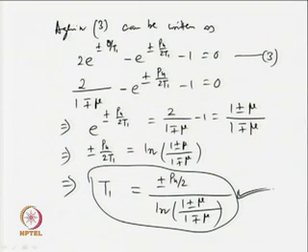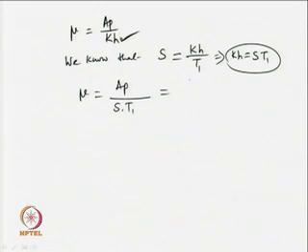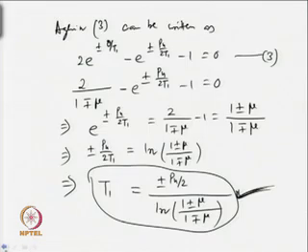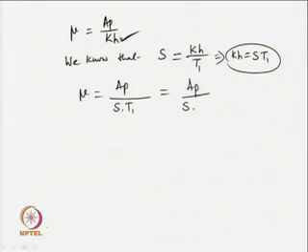Further, we know that T1 is this much. Therefore, if I substitute the expression for T1 over here, I get AP upon S times plus minus pu by 2 divided by ln 1 plus minus mu by 1 minus plus mu.